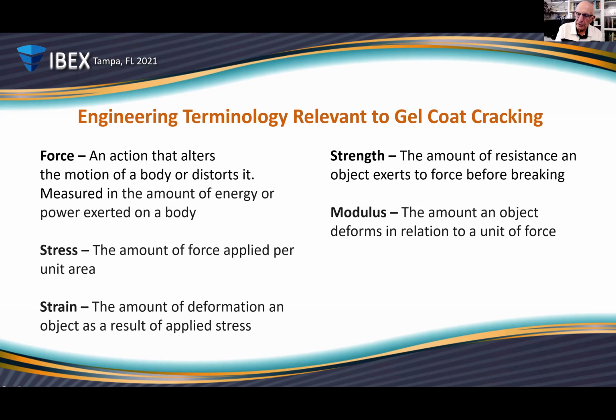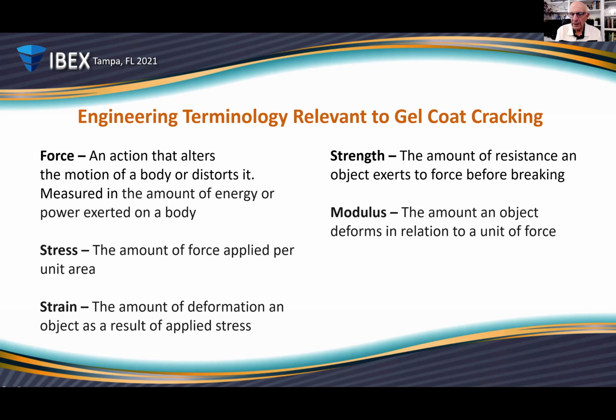And then modulus is the amount an object deforms with a given load. So we take two materials, a stiff material and a flexy material, and we put a load on them. We put 500 pounds on it, and this one bends this much, and this one bends this much. That's modulus. It's a comparison of the flexure in relation to the load in this particular case.